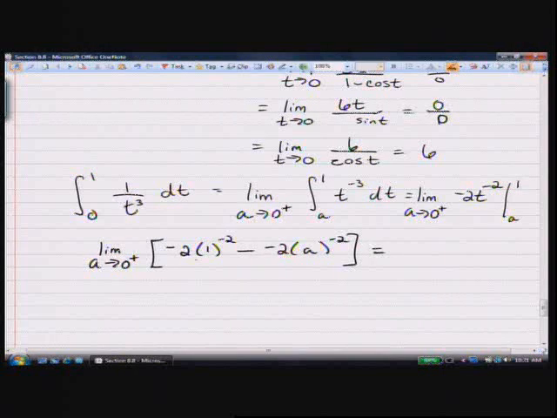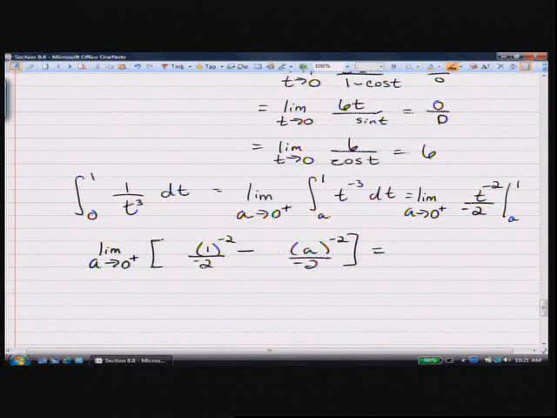On the limit, the negative 2, t to negative 2, shouldn't it be t to the negative 2 divided by negative 2? Yeah. Add 1 to the exponent, put it over it. I have no excuse, except I'm tired. Are y'all tired? I'm not feeling it. All right. Now, yes, thank you for helping me.